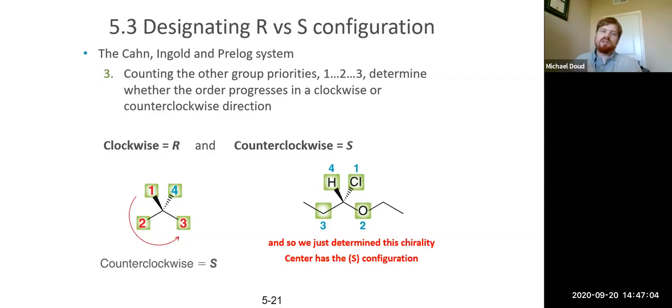So counterclockwise matches S. The way I always think about it is like this. Again, the more you practice this, the better off you're going to be. So it's 1, 2, 3, like that. That's like the top half of an S. That's how I evaluate that. So now we know that the chiral center that we have has the S configuration.